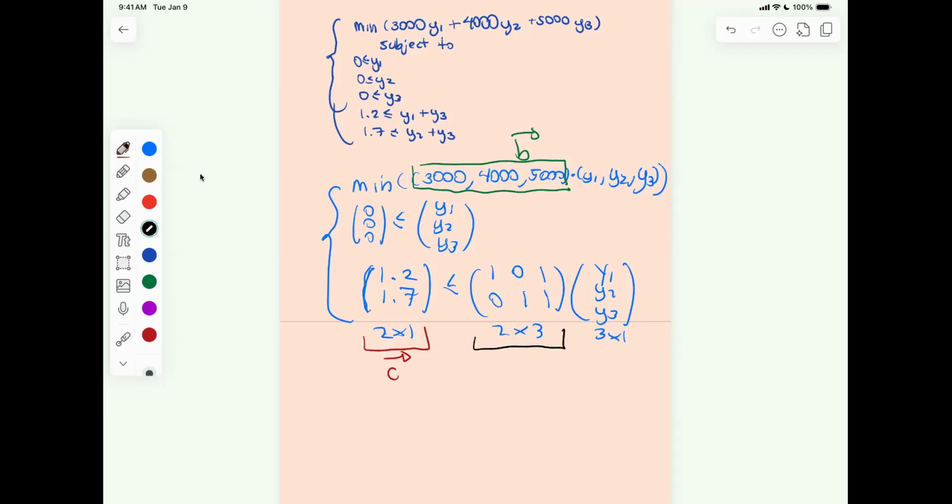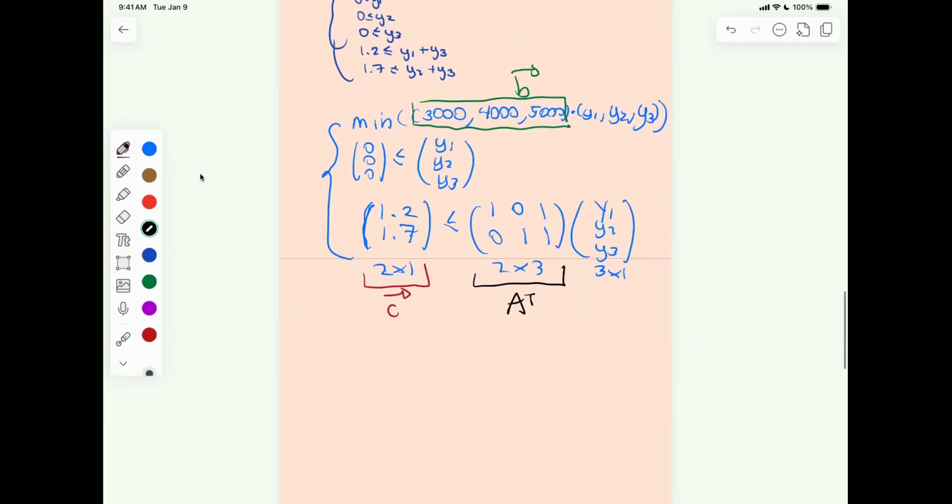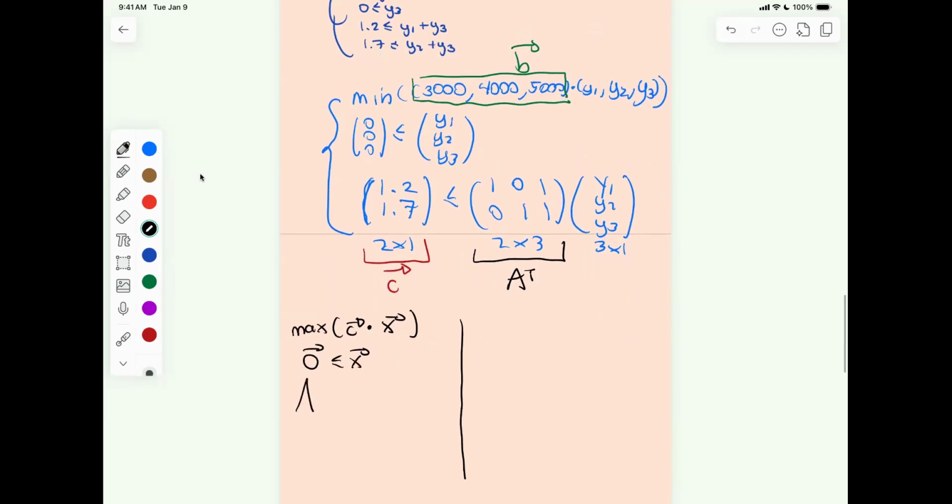So maybe I'll put them side by side. Before we had the max of C dot X where X had to be non-negative, and you had A times X is less or equal to B. So this is the original problem. And now the new one is actually called the dual problem.